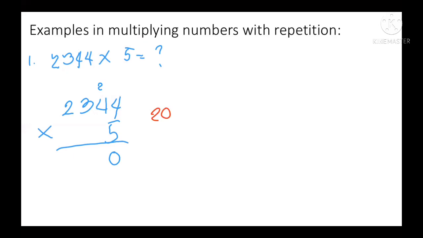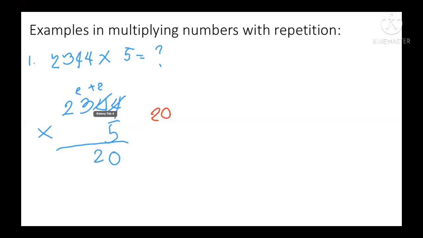That's 20, yes. And then what will we do on the top of 4? The 2. We will add, correct? So we have 20 plus 2 is 22. So I will put 2 here and another 2 on the top of 3. Right? So we are done with ones in the tens.